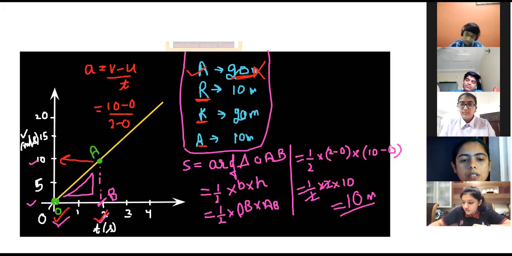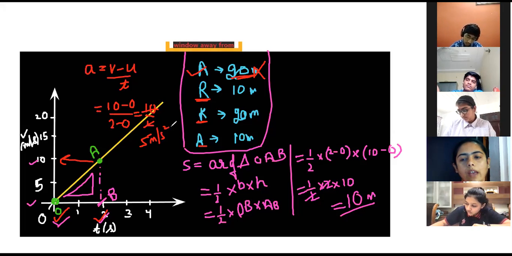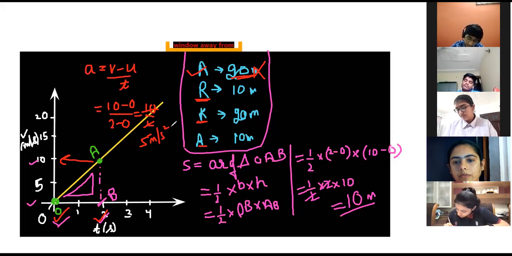So 10 minus 0 is 10, 2 minus 0 is 2. 10 divided by 2, you will get the answer as 5 meter per second square.